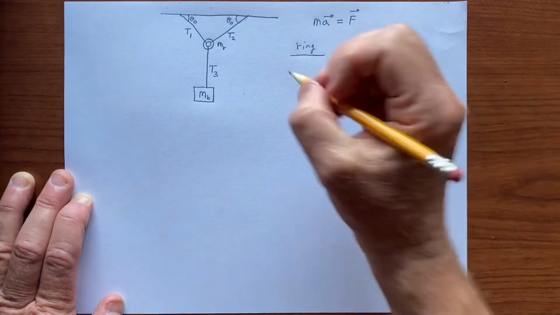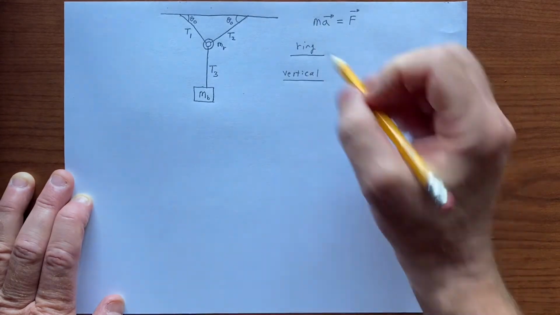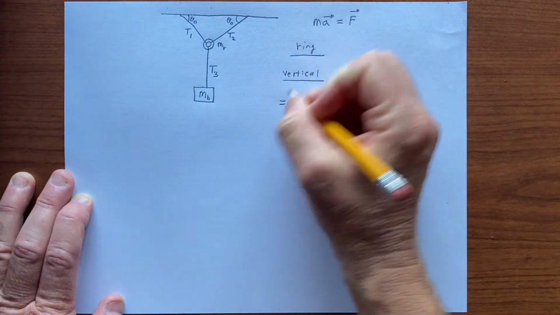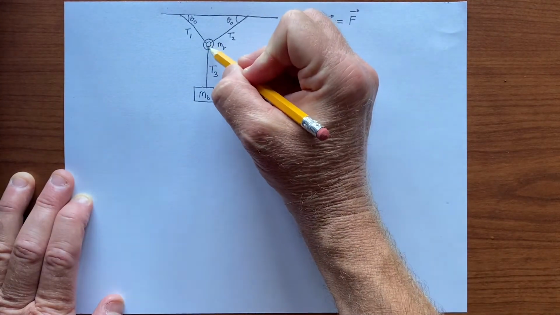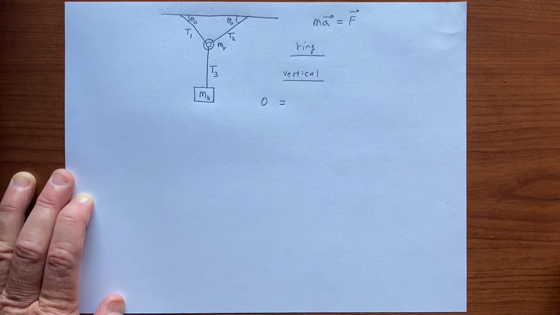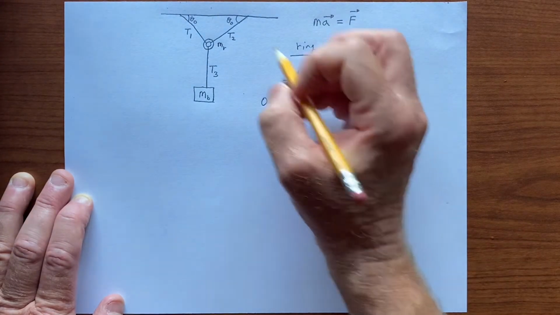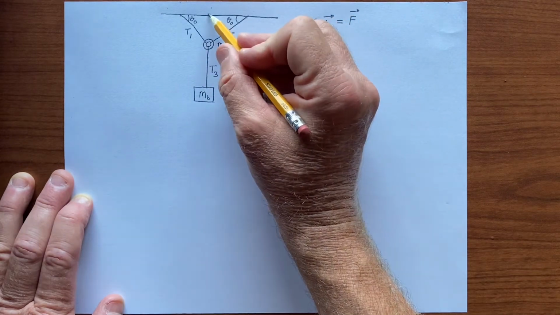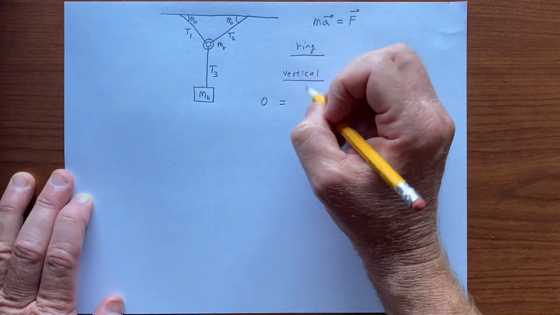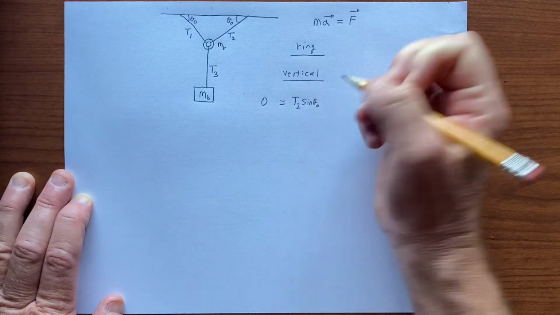If we did the free body diagram and looked at the vertical component of ma equals F, what would that look like? First of all, the acceleration side: what's the acceleration of this object in the vertical direction? It's 0. The object is stationary. Here's a right triangle, and the vertical part is the opposite side, so we have T2 sine theta naught.